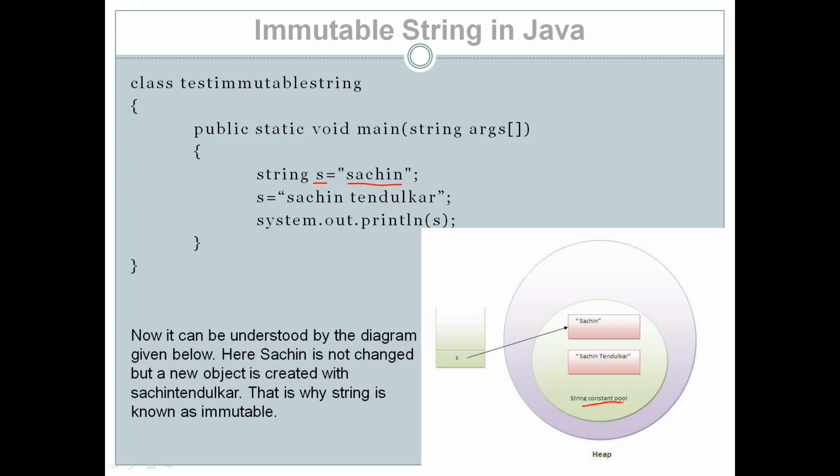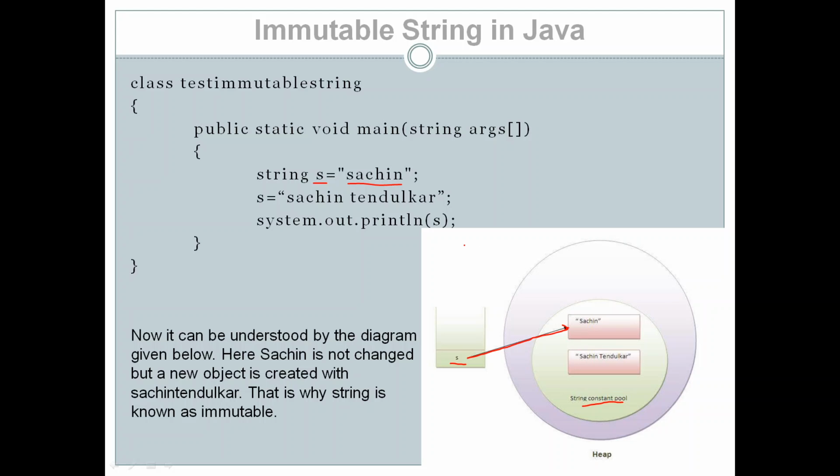When I created the first string object, s is simply a reference variable that refers to the object having value Sachin. So Sachin is stored in the string constant pool and s is referring to Sachin.